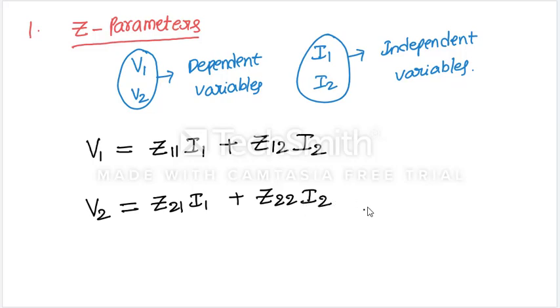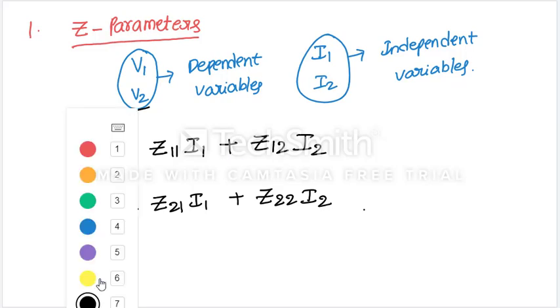These are the jet parameter equations. Here you can see v1, v2 are dependent, and these values depend upon i1, i2, which are called independent variables.